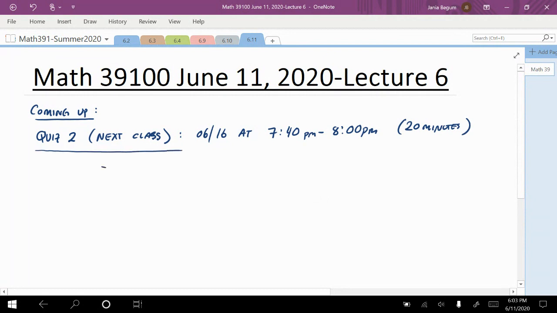The sections you are required to know for this quiz are as follows: section 2.6, where we studied exact equations, then 2.3, where we did applications, and 2.9, which we're going to cover today. So that's going to be on our quiz for next class.